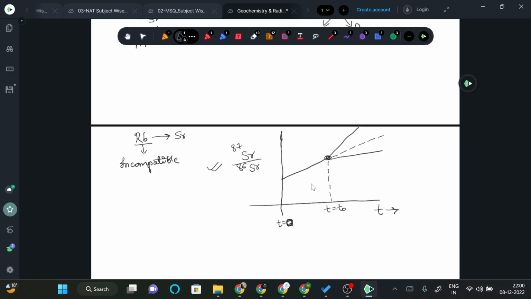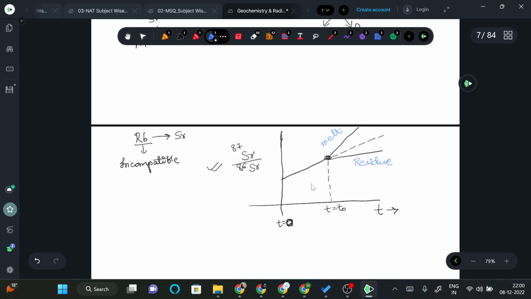So the top graph will be the enriched one, and the bottom line will be the depleted one. Right? So the enriched one is the melt one. Okay. Yes, sir. Yes. This will represent the melt and this will represent the residue.